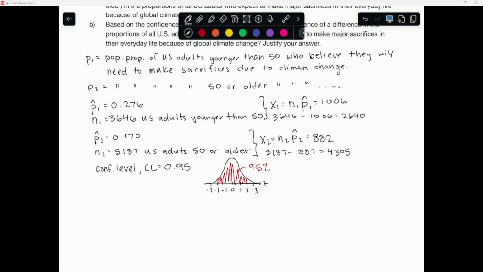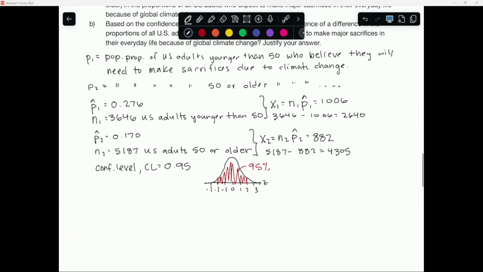And even without inverse norm, I know that my Z star is going to be 1.96, because we've done 95% confidence intervals multiple times at this point. But definitely check on your calculator. Inverse norm with a center area of 95 should spit out 1.96, which checks with our empirical rule. It's about 2.